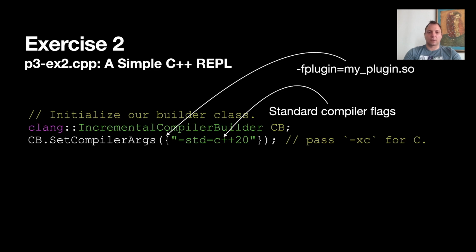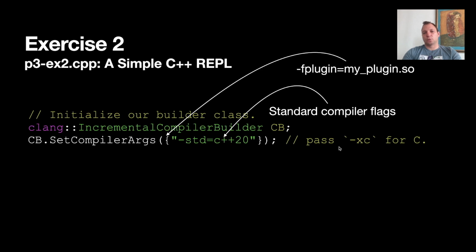So every time that the incremental compiler sees a partial translation unit, it will give control to your plugin infrastructure. This is very useful for developing domain-specific plugins. We're not going to have time to look into that, but it's a very interesting and well-documented feature in Clang. It's tricky to write these plugins, but they're very useful for different purposes.